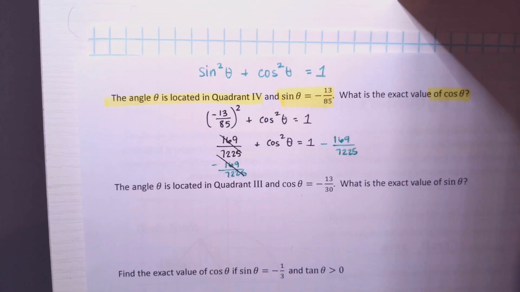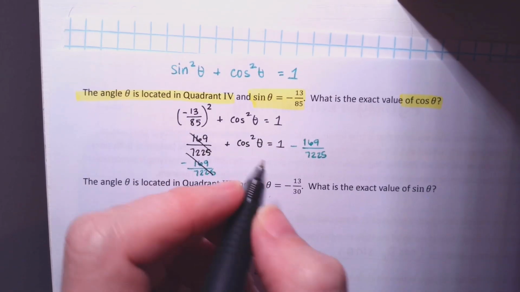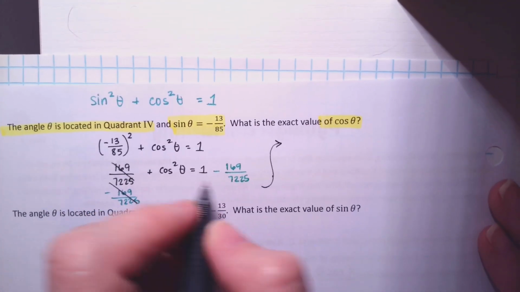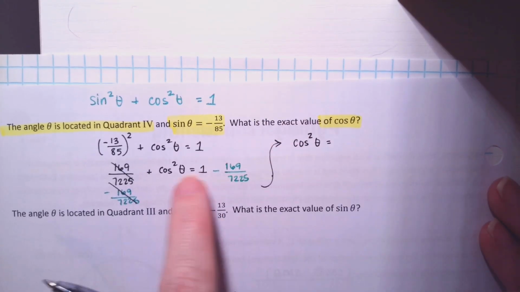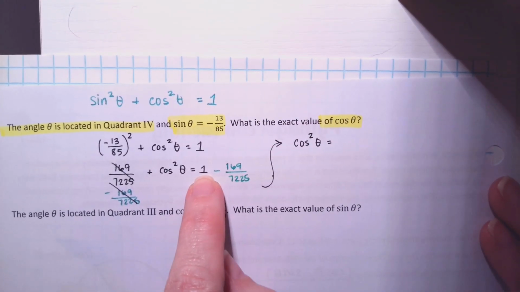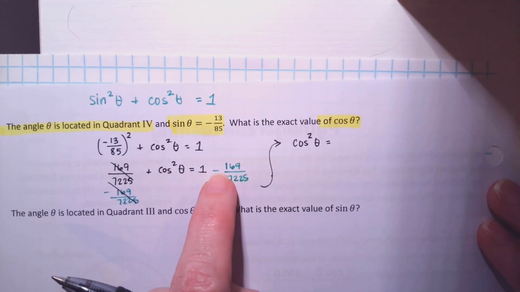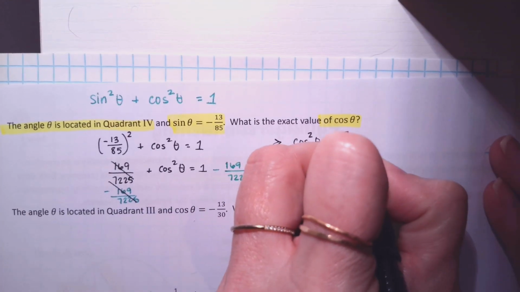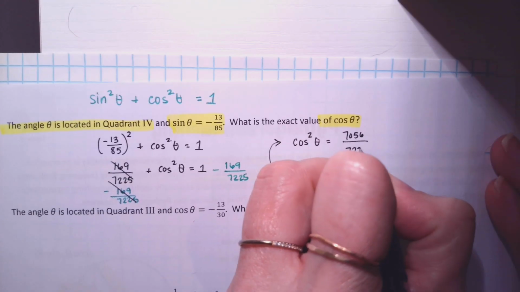But if you need a calculator, you're welcome to calculate it. So I'll be left with cosine squared theta. And then if you do this turned into 7,225 over 7,225, and then subtract 169 over 7,225, you get 7,056 over 7,225.